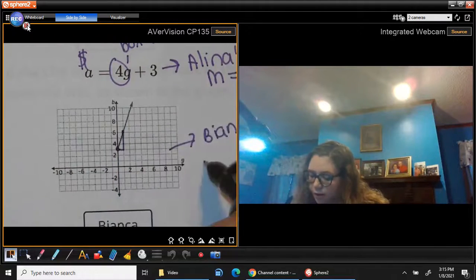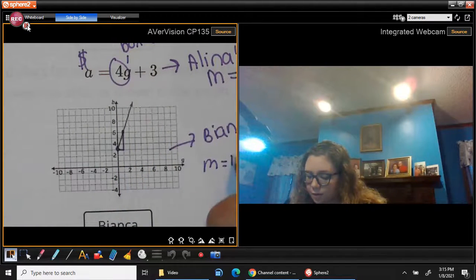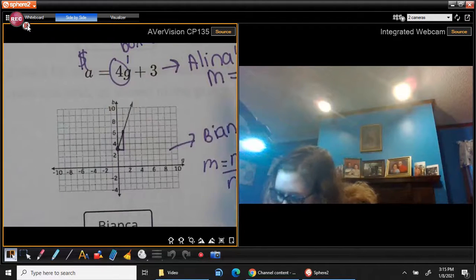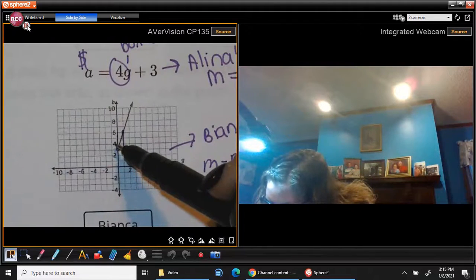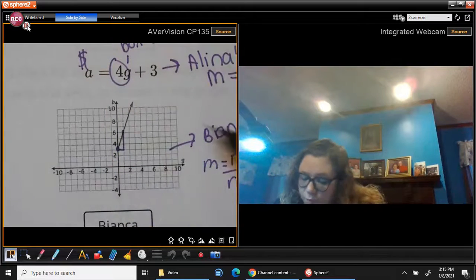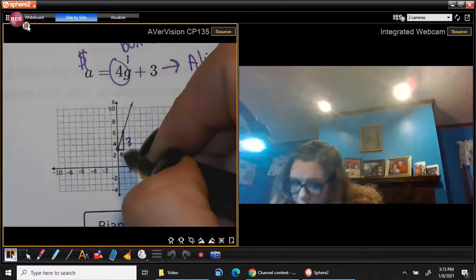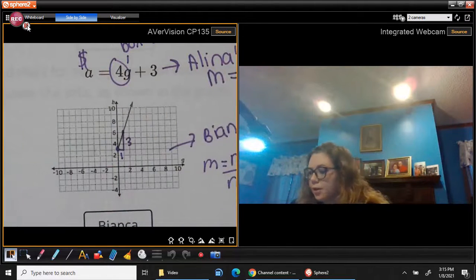This line is increasing, so I'm going to have a positive slope, so it's going to be rise over run. I am counting by ones, so we can do it normally. So I rise 1, 2, 3. I run once. So it's going to be 3 over 1, which is 3.